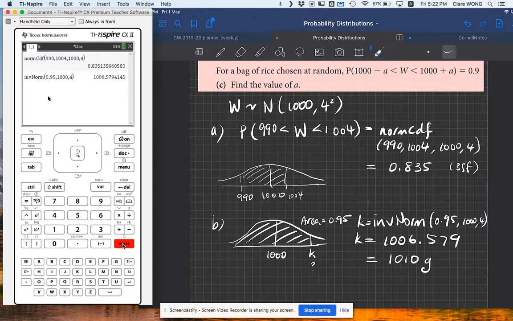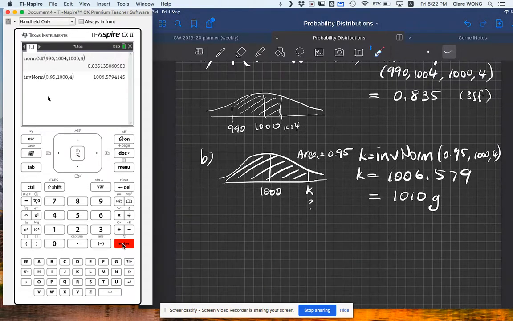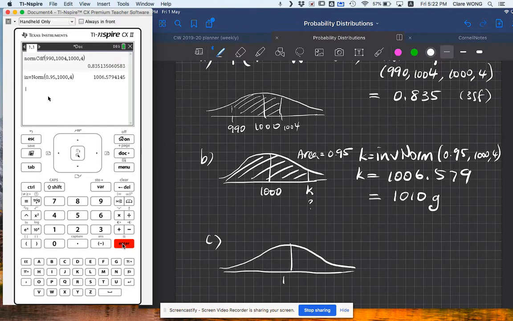If you think about the picture of it, it's symmetric about the mean. The area is 0.9, so it's pretty big.